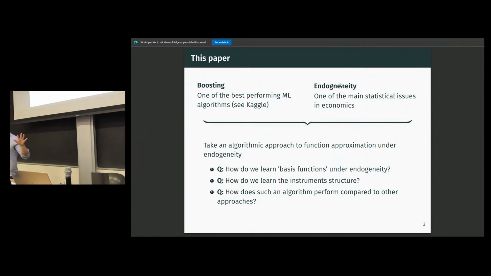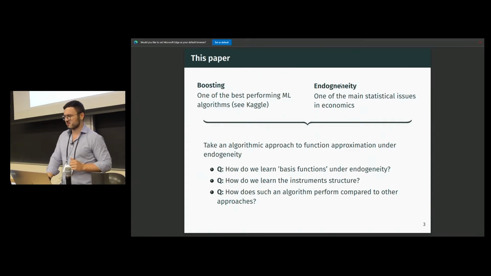I will be very explicit about what I mean by basis functions later on. The second question is, how do we learn the instrument structure? As I've said before, we want to make sure that we use strong instruments that explain the relevant nonlinearities in the data. And the last question, but not the least, is how well this algorithm performs, so we're really curious. And spoiler alert, it performed pretty well. I will show you some of the simulations at the end.